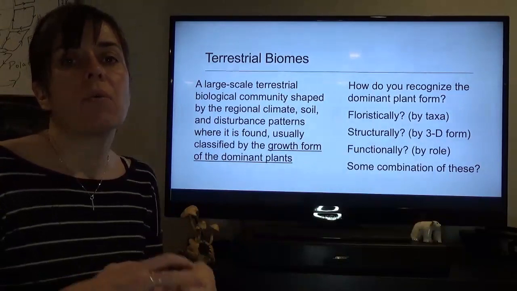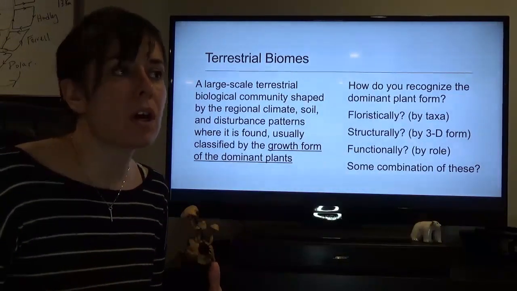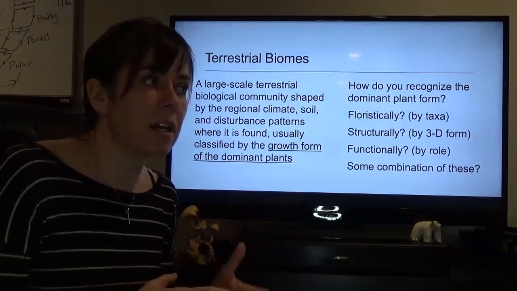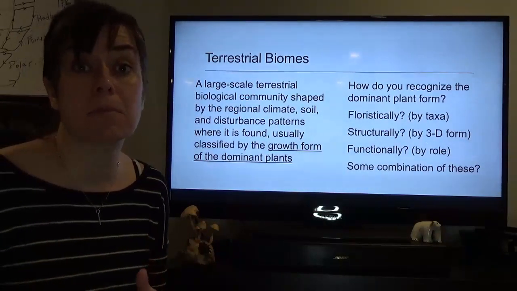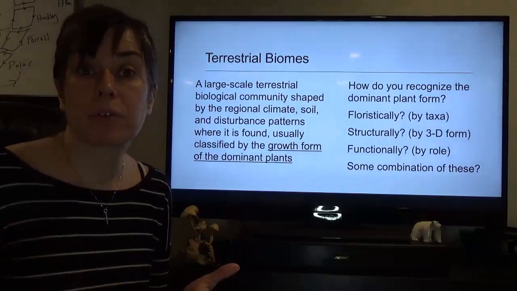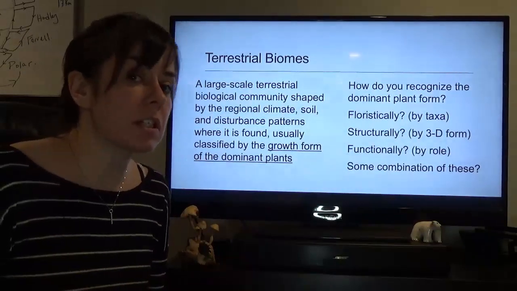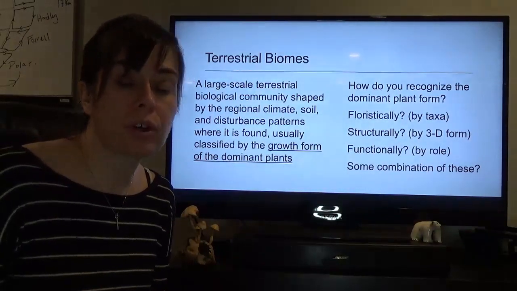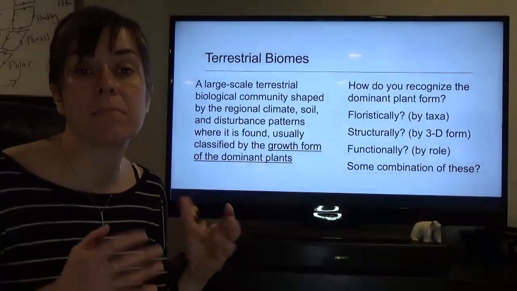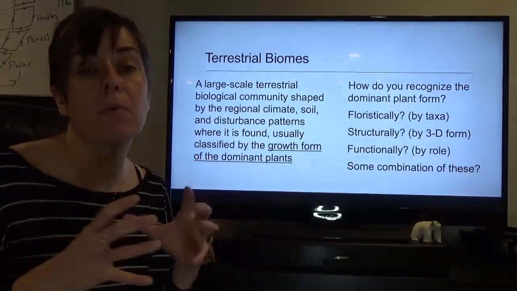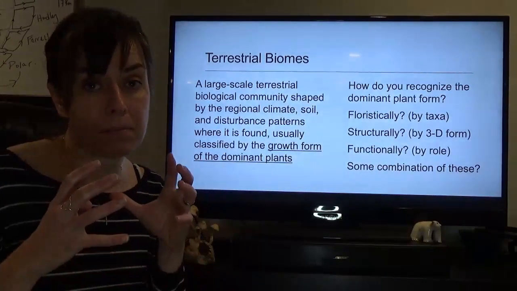When we talk about biomes, we don't talk about the animals in the biome. Instead, we talk about the type of vegetation that dominates the system: evergreen conifers, deciduous forest, seasonally dry tropical forest, grassland. These are the types of categories that we think about when we're talking about biomes.